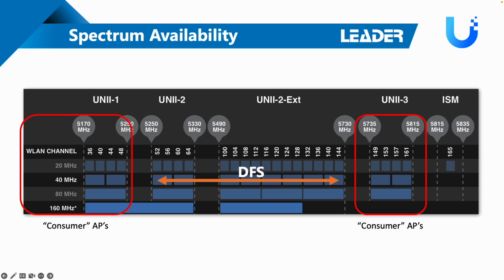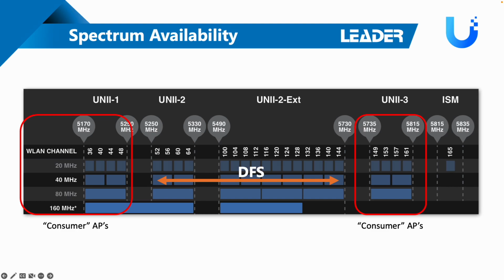If DFS detects radar, essentially it turns the access points into listen-only mode for a period, and it stops transmission, and then it tries to move to a new channel. So on this new channel, it will scan for radar again, and if it still picks up radar, it will move again, and it will continue on like this until it gets to a clear channel. So the idea behind this is that you would not have your access points cause interference with radar systems.